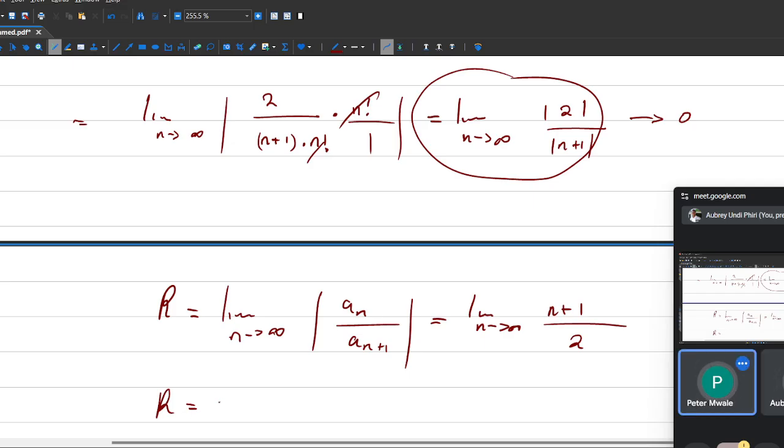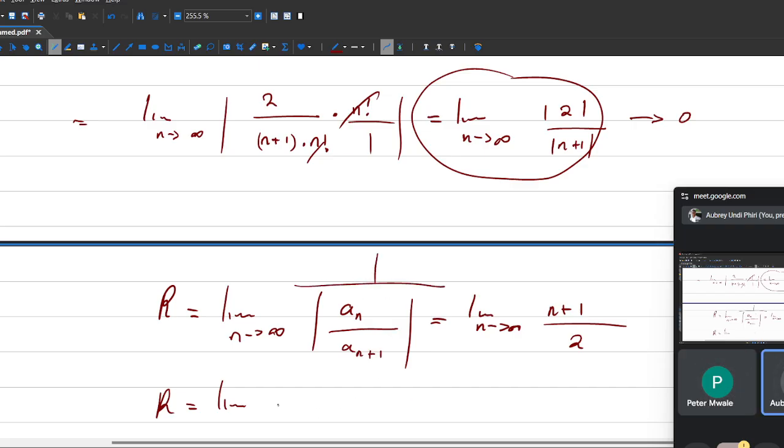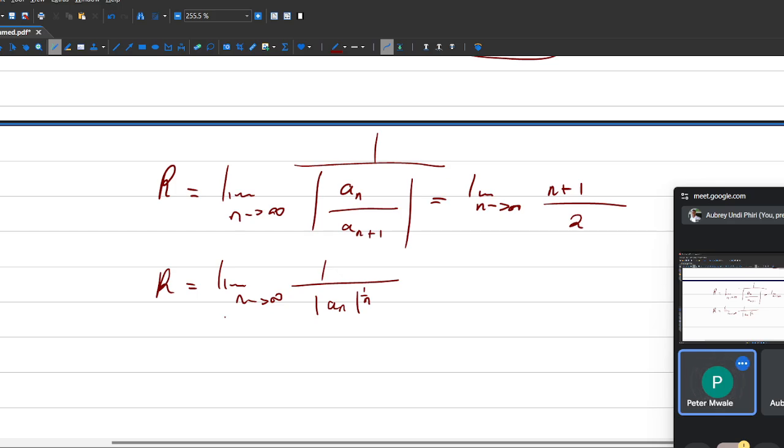So for the inverse of the ratio test, you just take the limit of a_n over a_n plus 1, and then you flip. Same applies for the root test: the limit as n approaches infinity of 1 over the modulus of a_n to the 1 over n. So these can also help you find the radius of convergence if a series converges. Yeah. So that is just my additional point.